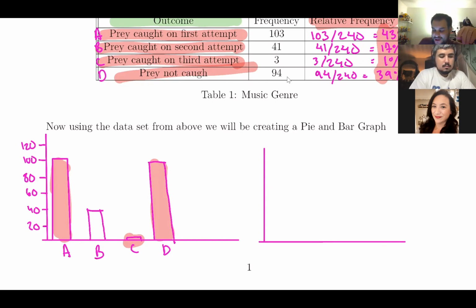So we're gonna make it go up to 43. For this one, I'm just gonna jump by 5. So we'll say 5%, 10%, 15%, 20%, 25%, 30, 35.